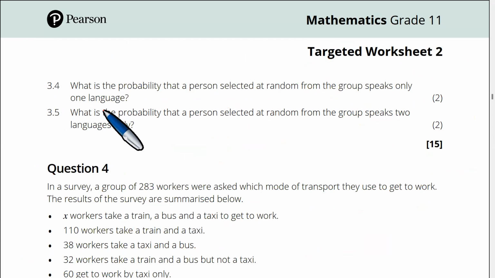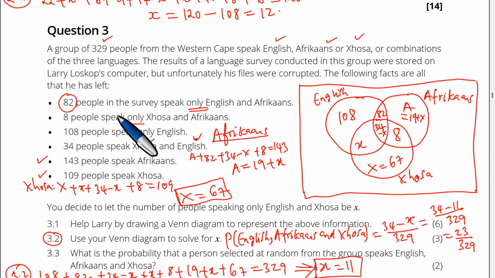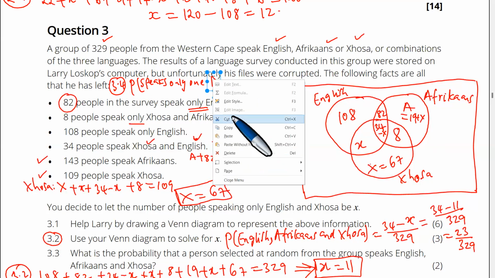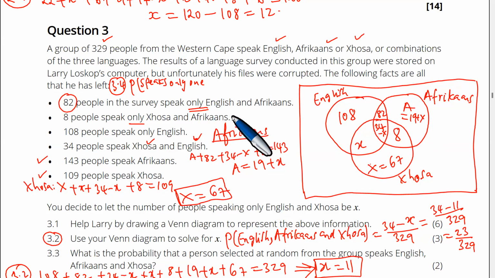The person selected at random speaks only one language. So let's look at that one, 3.4.